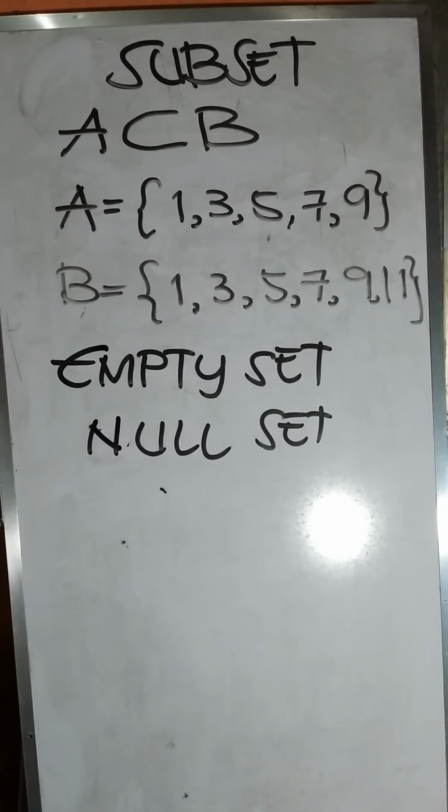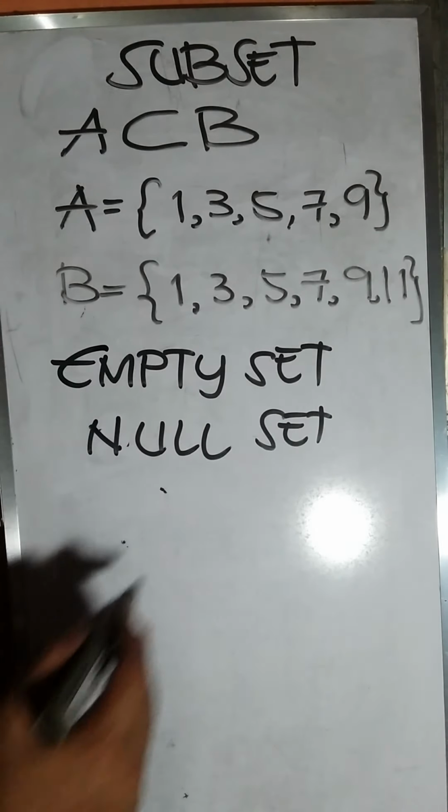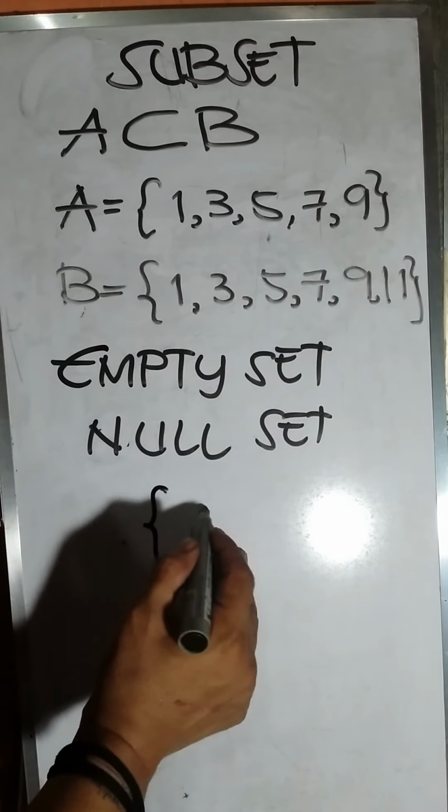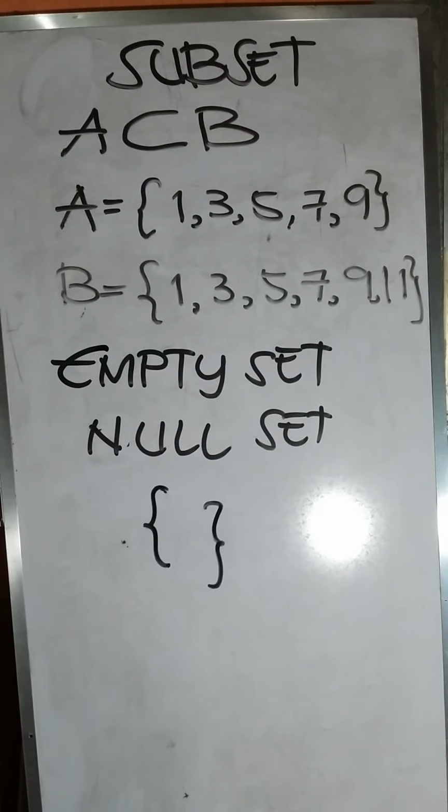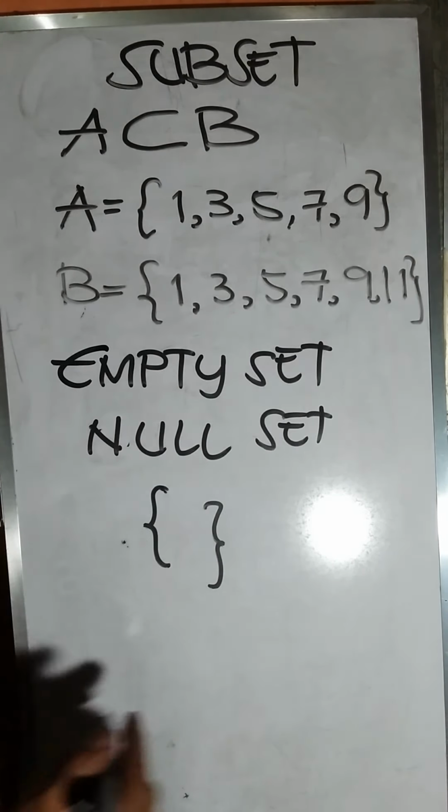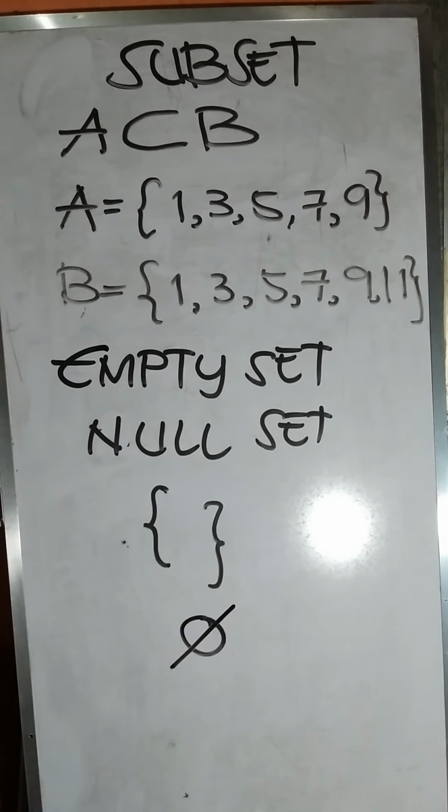Empty set or null set means wala. Walang laman. So, simply, walang laman na brackets or ganyan po. So, an empty set is always a subset ng buong set. Okay? So, yan po yung ating mga kinds of set.